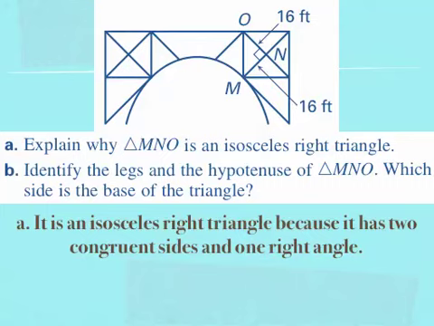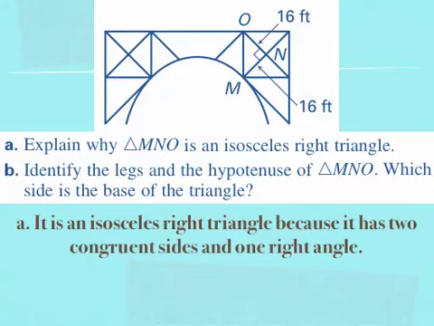Part B asks me to identify the legs and the hypotenuse of triangle MNO. Which side is the base of the triangle? So first of all, the legs would be NO and NM, because those are the two sides that are forming the right angle, angle N. And the hypotenuse would be side MO, because side MO is opposite of the right angle.